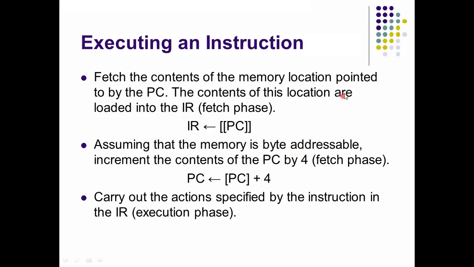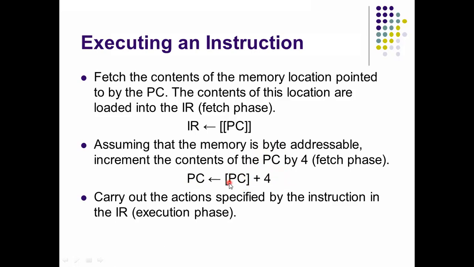Do you understand? We are taking location 2000, 2004, 2008, with a difference of 4 between the locations. Because the PC is incremented by 4, it is represented as PC plus 4.